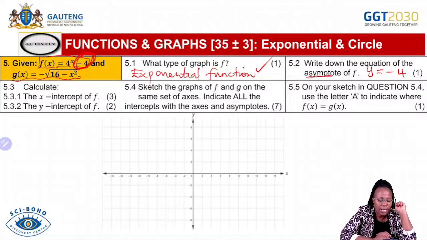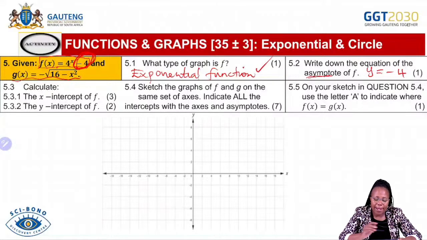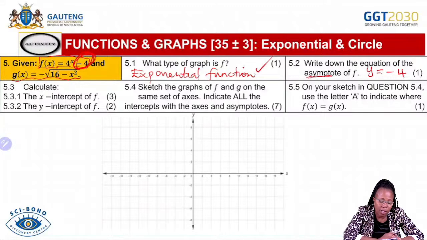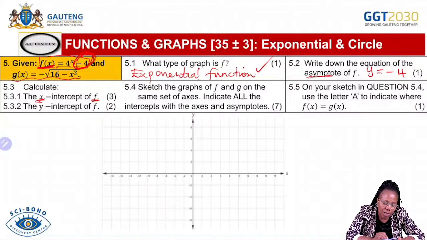Right. Now they say calculate the x-intercept of f and the y-intercept of f. Let's calculate the x-intercept first. When you calculate the x-intercept, you let y equal to 0, because we are busy with the f function. Our equation is 0 equals 4 to the power x minus 4.